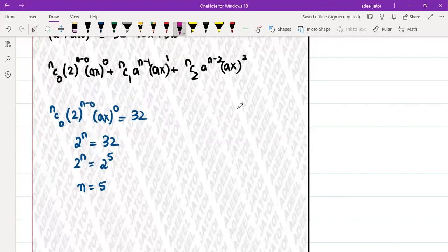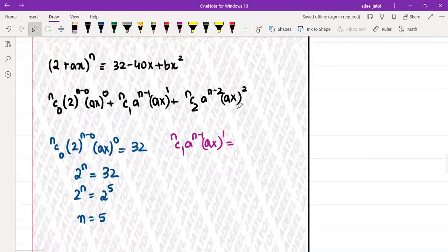Similarly, when n is 5, the second term nC1, 2^(n-1), (ax)^1 was equal to -40x. And we know that the base here is 2, but the value of n was 5.